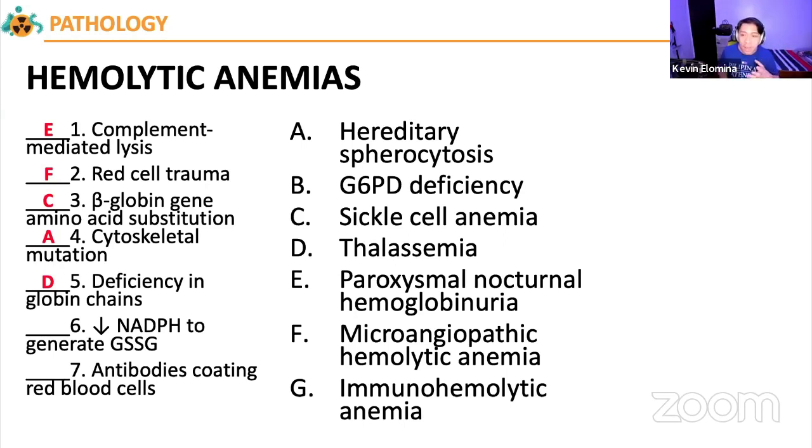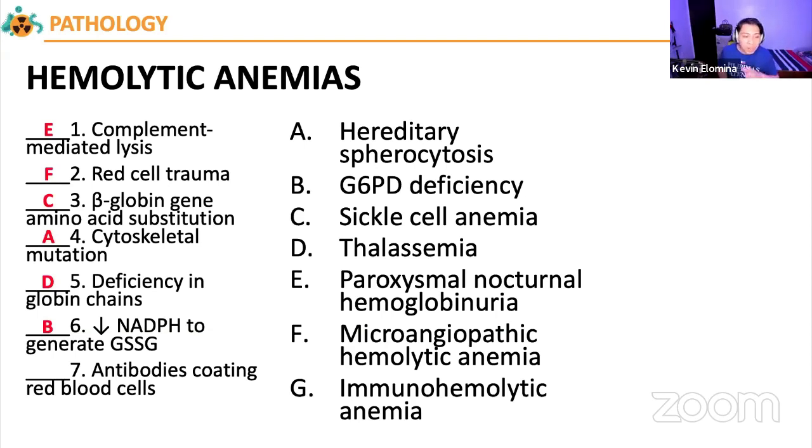Pag beta thalassemia, anong wala? Beta chains. Okay? So if you don't have NADPH to generate your reduced glutathione, no? Ano yon? That's your G6PD deficiency. Remember your G6PD reaction, it generates your NADPH, and that is important in generating your reduced glutathione to protect your red cells against oxidative stress.